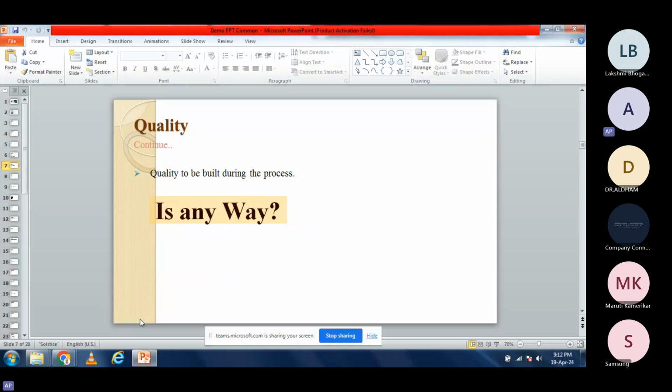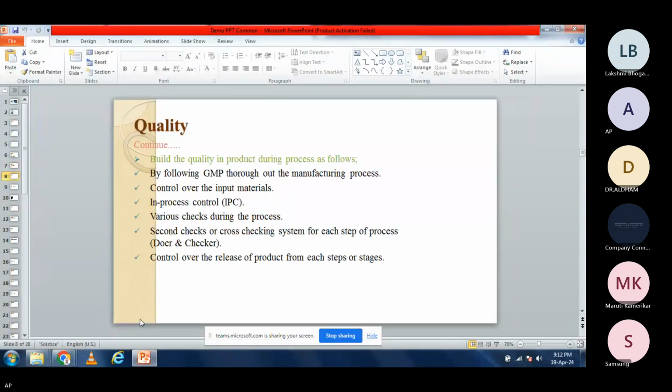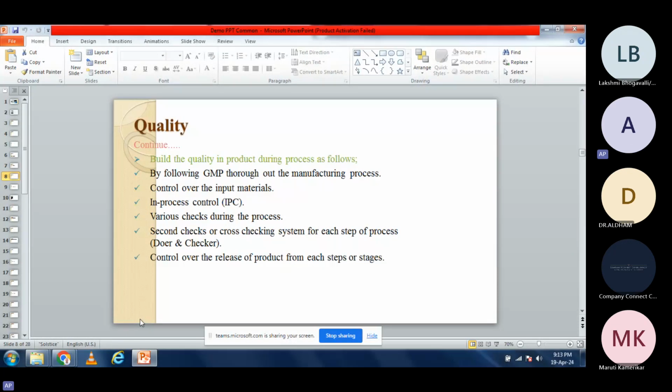So designing any manufacturing process or system in such a way that testing of each unit is not mandatory, and quality is inbuilt in the product. How? By building the quality in the product during the process, by following good manufacturing practices throughout the manufacturing process.